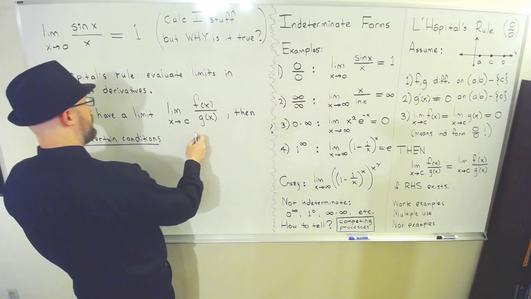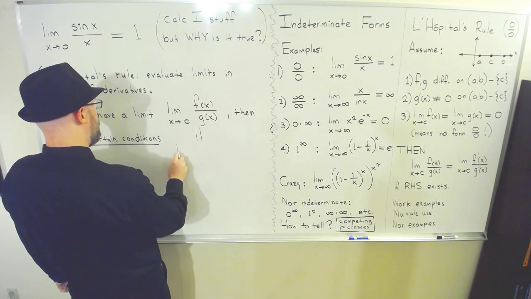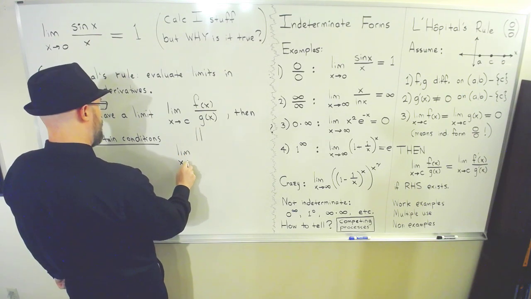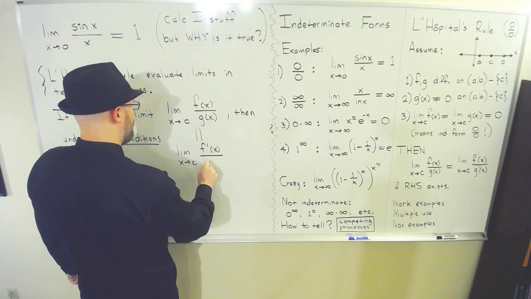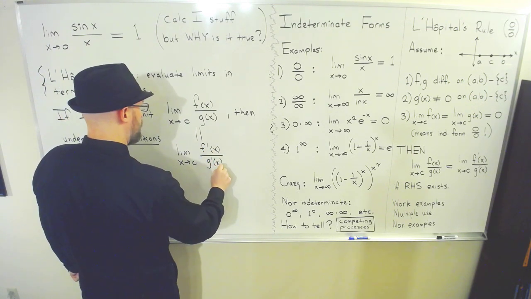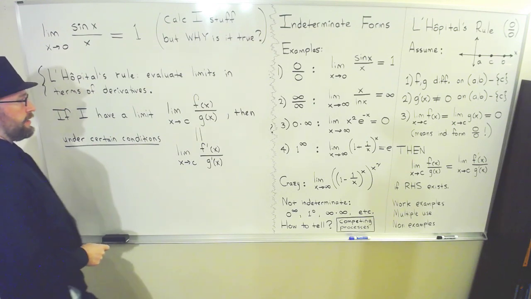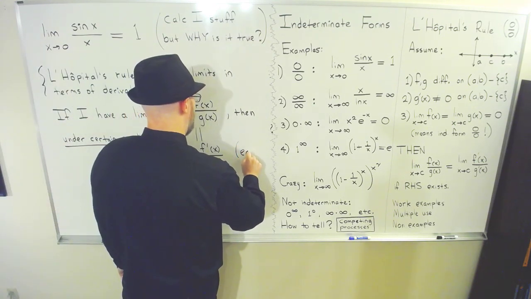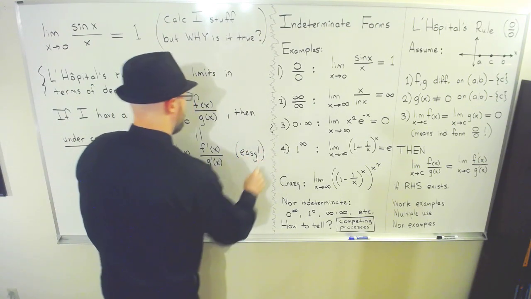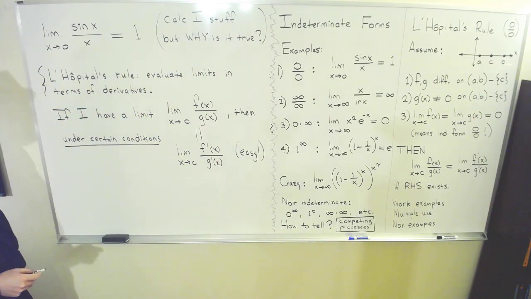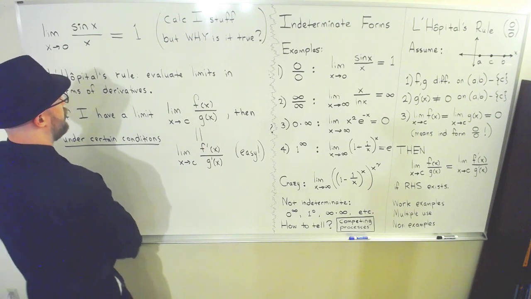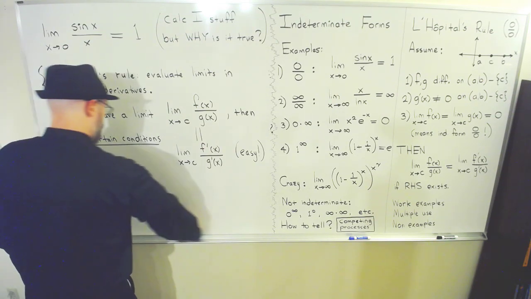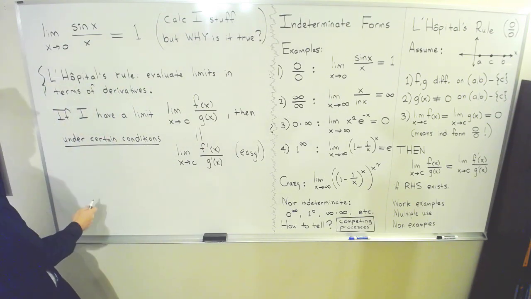So under certain conditions, this limit here is going to be equal to the limit as x goes to c of the quotient of the derivatives, f prime of x over g prime of x. And this is easy to apply. Now let's see how easy to apply, and then we can worry about the details later. I have room to write it down here because it doesn't take much writing.